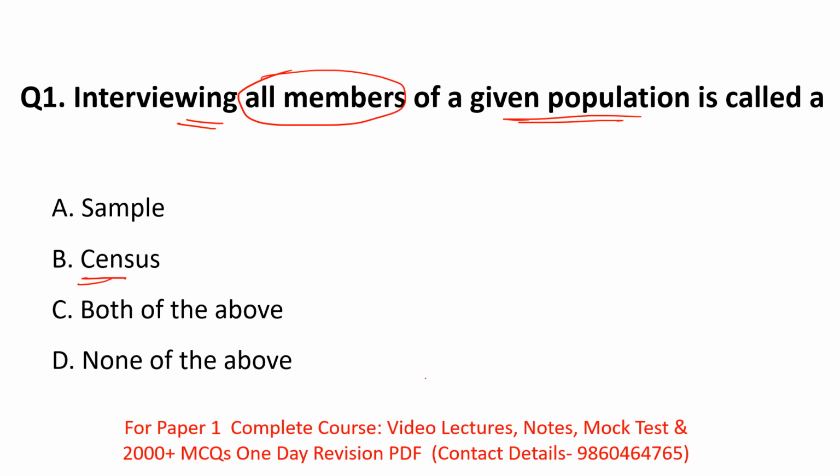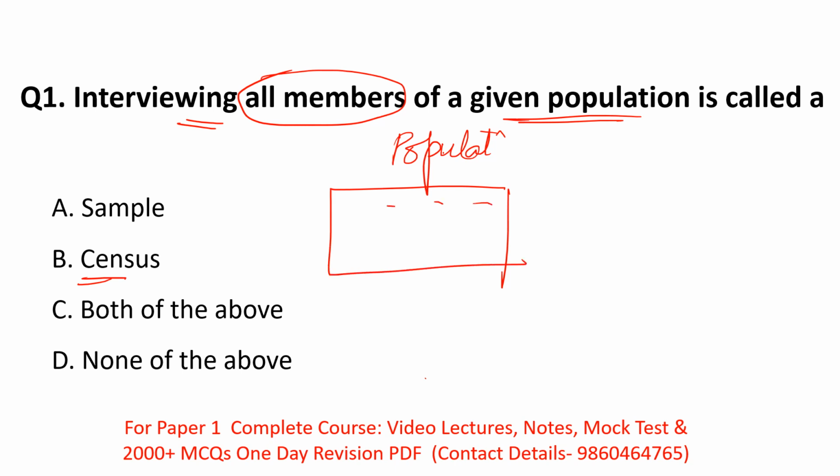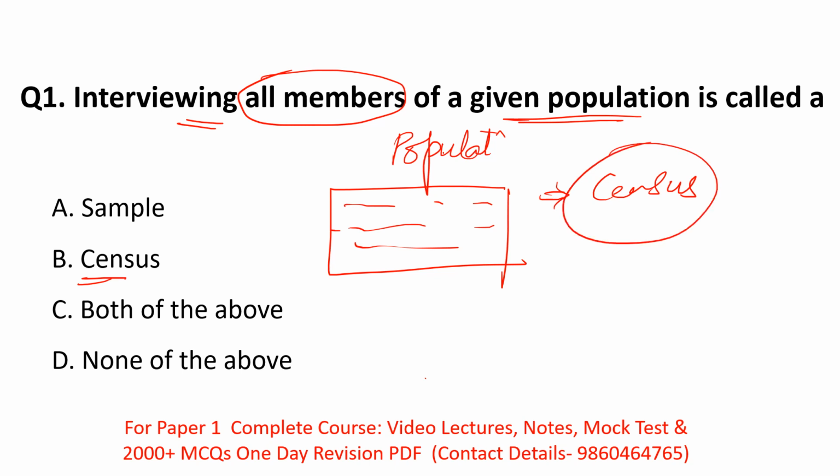If you are doing your research and your study on your whole population, that means it is known as census. Census means you are doing your research on the whole population. And remember, in India, after every 10 years, the government performs a census.